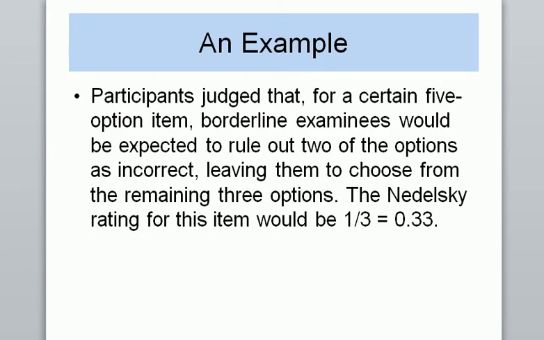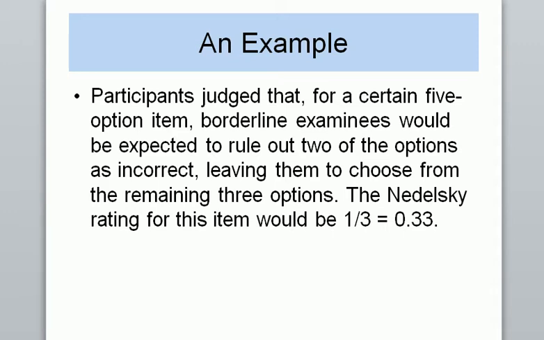An example. For example, a participant judged that for a certain 5 option item, borderline examinees would be expected to rule out 2 of the options as incorrect, leaving them to choose from the remaining 3 options.